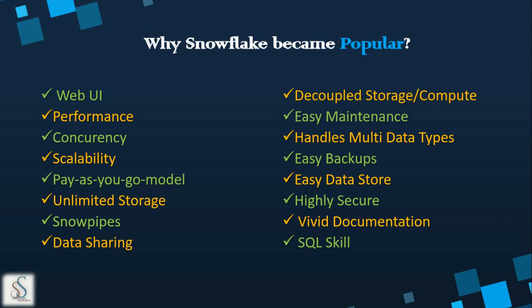This performance is achieved by Snowflake due to the multi-clustering approach, multi-compute machines, which we will discuss in later sessions. Okay, concurrency, as I said before, 1,000 users can load data into a single table at a time. This is also possible due to the multi-clustering approach in Snowflake.